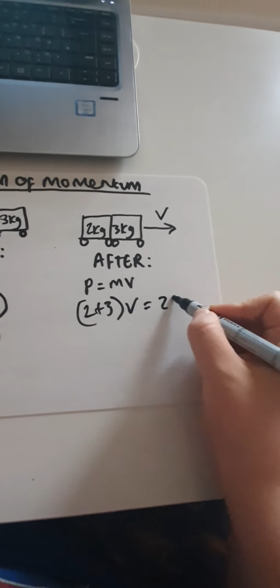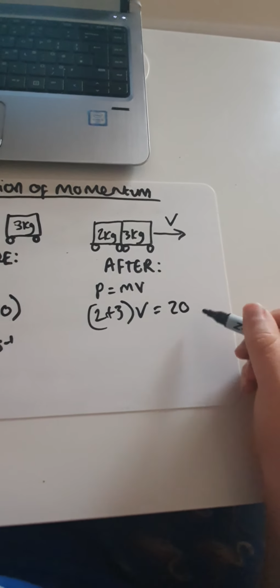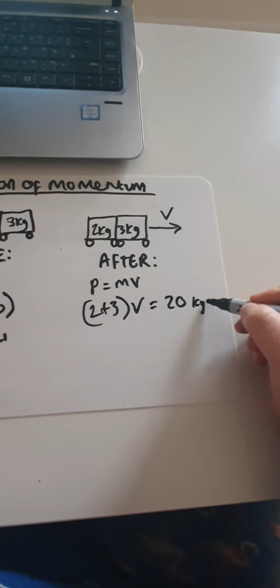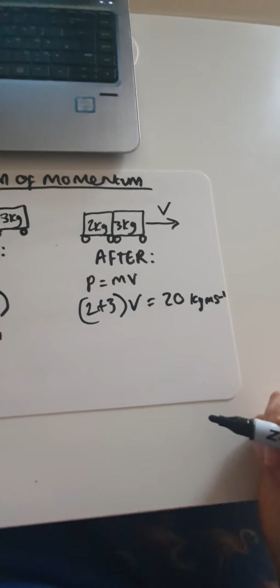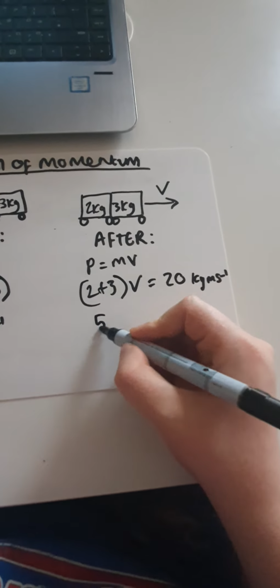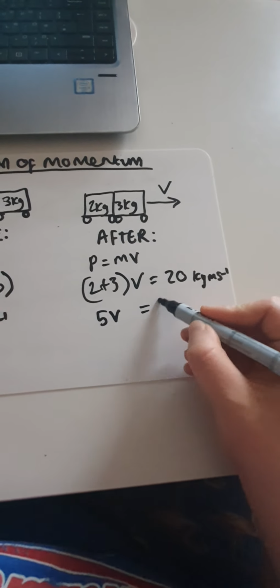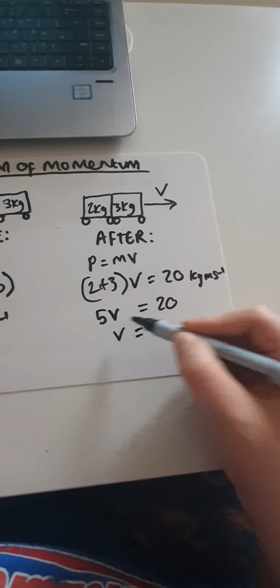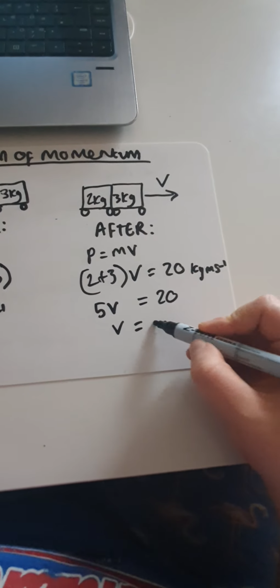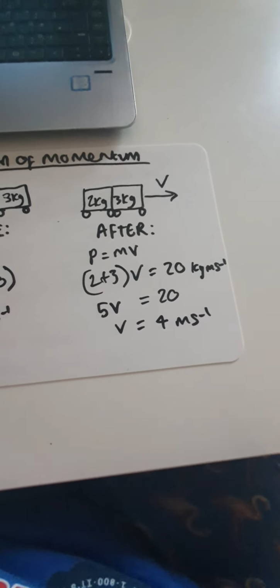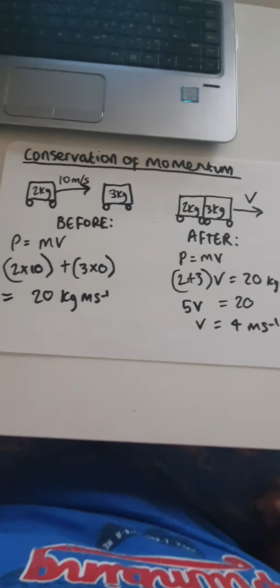So 20, I should really put the units, but I don't have much space. There we go. So 5v equals 20. What's the velocity? 20 divided by 5, that must be 4 meters per second. And that's your first example.